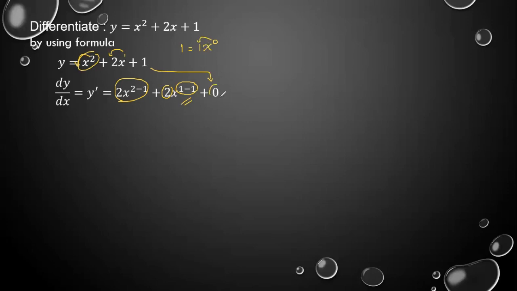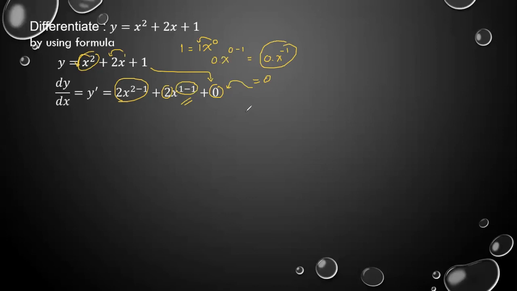Is it clear? And then that means 0 times x, and don't forget the formula, the power will be minus 1, right? So we can simplify this one, 0 times x to the power minus 1. You should remember 0 times everything is 0. So that's why this function is 0.